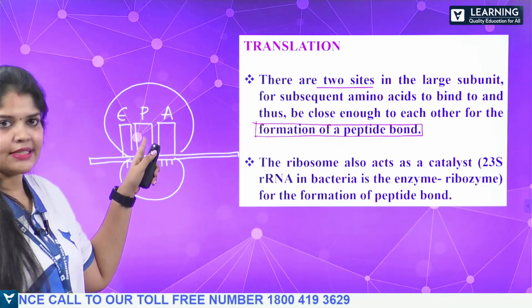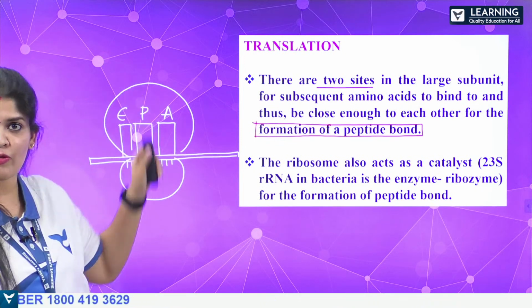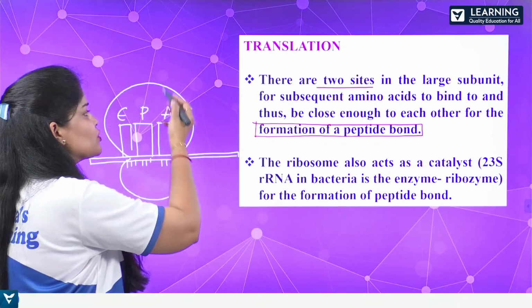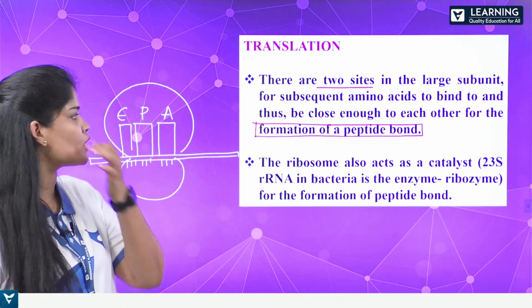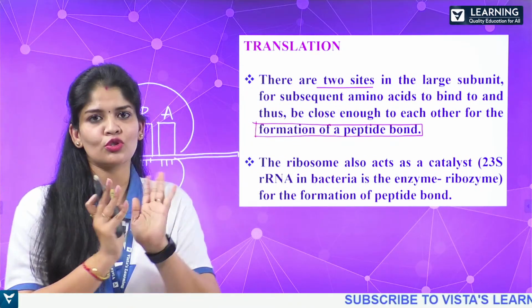So whatever amino acids have been chained up in the formation of the polypeptide will be transferred to the A site. So the P site as well as the A site will be very close to each other.